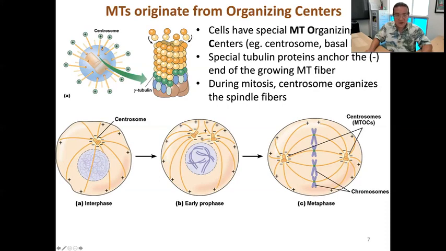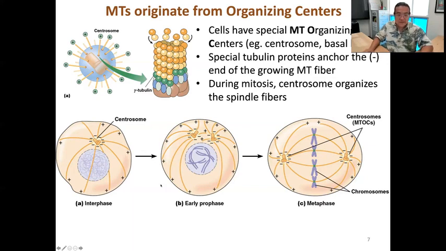So all of these microtubules that are growing out from the centrosome, the plus end is the end that sticks out, because this is the end where additional tubulin dimers get added. So if you look at this here, tubulin dimers are being added, so this fiber grows. The other end, the minus end, is held in place, anchored very firmly by other types of tubulin proteins, for example, this green gamma tubulin, and these other brown proteins that are anchoring this tubule there.